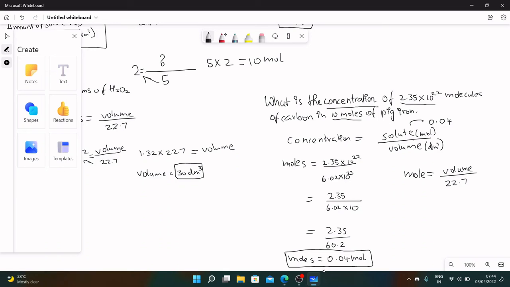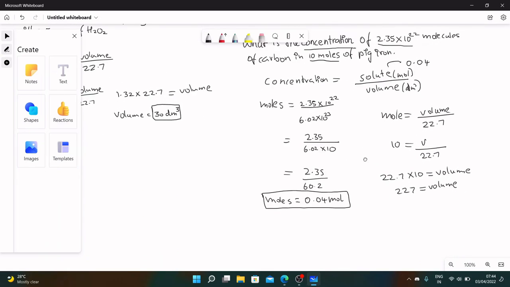So our moles over here, we know the value. So 10 equals V, let's just say V for volume, by 22.7. So 22.7 into 10 equals volume. So that will become 227 equals volume, right? Basic calculation.